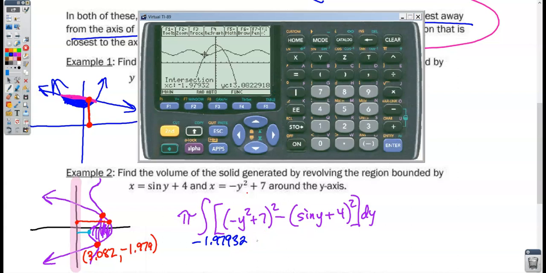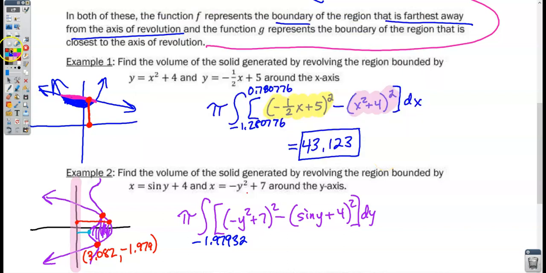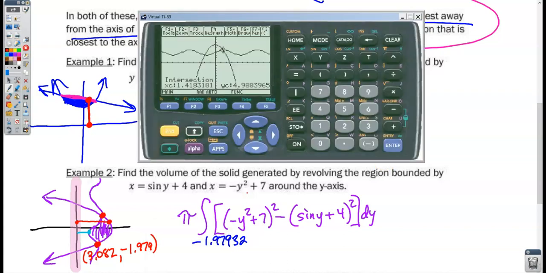And my other intersection point, give it some time to calculate here. There we go. This intersection point right here is going to be the same except with coordinates flipped.